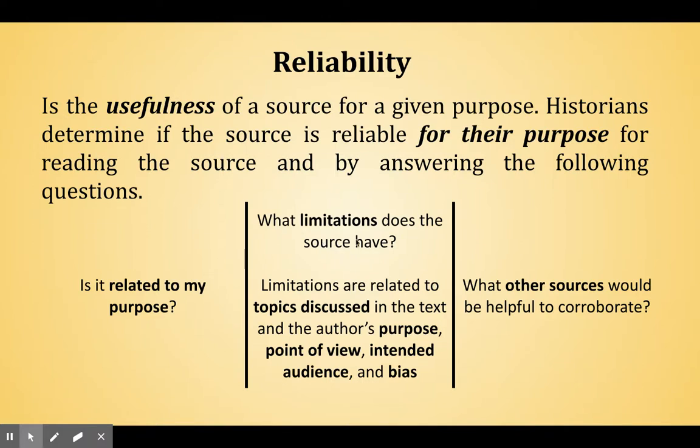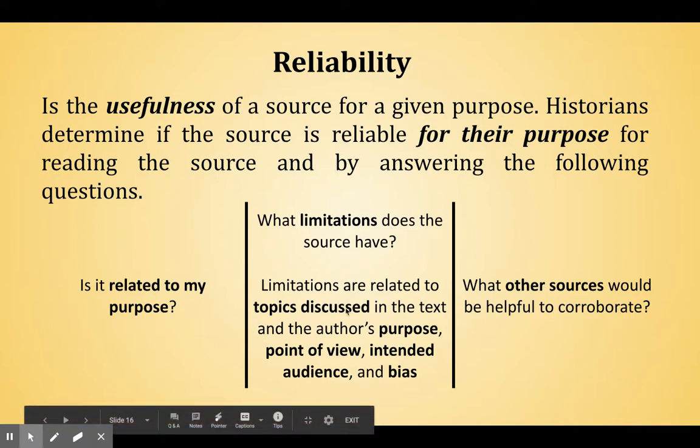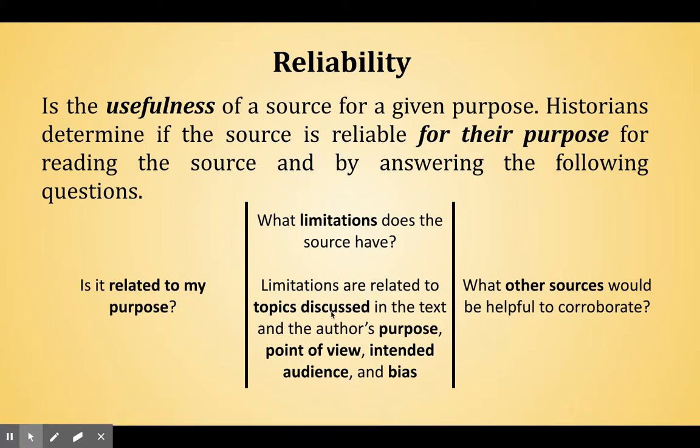All right, next, what limitations does the source have? And limitations are related to any of the topics that are talked about in the text. It's also related to the author's purpose, point of view, intended audience, and bias. These right here, my friends, these are what they're going to ask you on the Regents exam when you look at documents. What is the author's purpose?